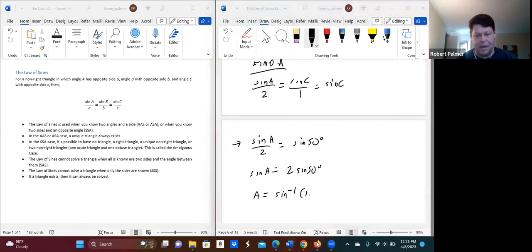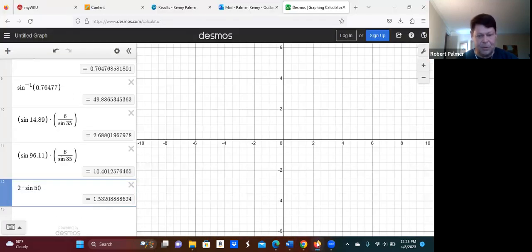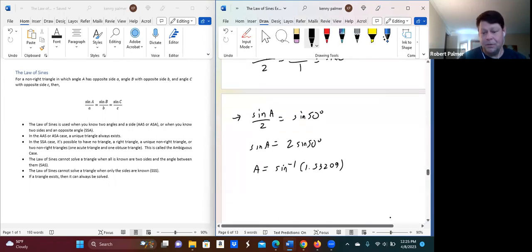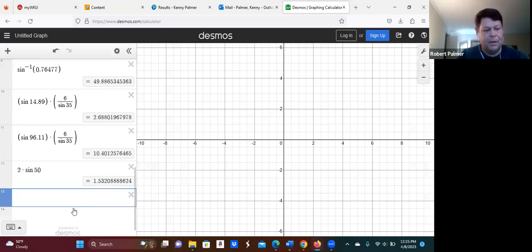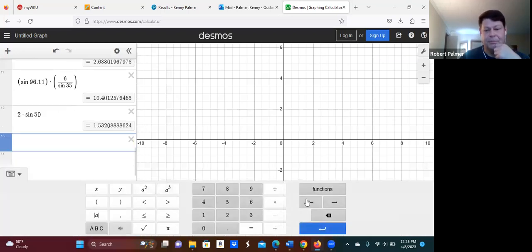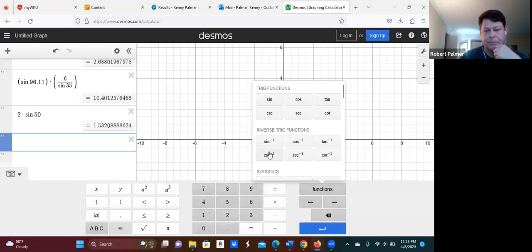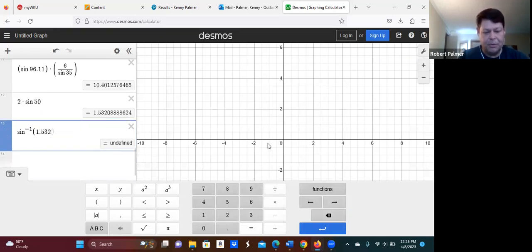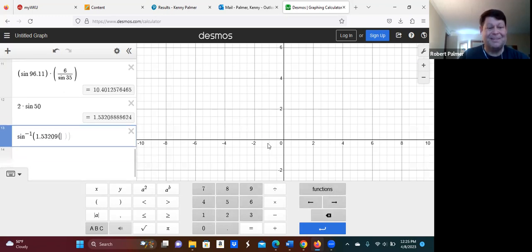It says 1.53209. But I actually hope you notice a problem when we try to do this. Let's try and do this. Once again, going to the inverse sine function. 1.53209. You already start to see a problem. It says it's not defined.